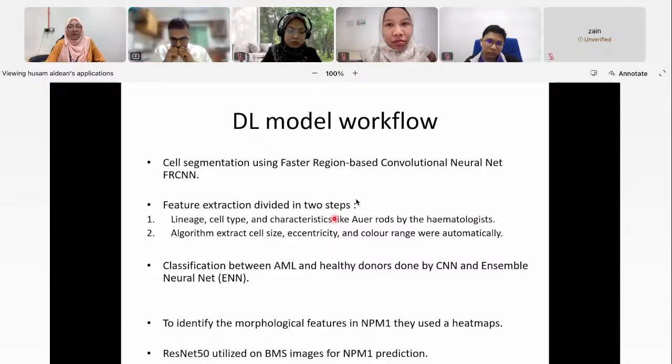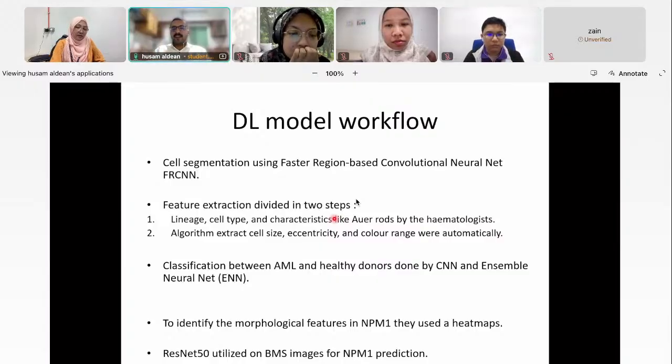The hematologist detects the range, the cell type and characteristics, and gives them to the model, and the model itself does the feature extraction, extracting features like cell size and color range automatically. The classification between AML and healthy donors is done by the CNN and a simple neural net.